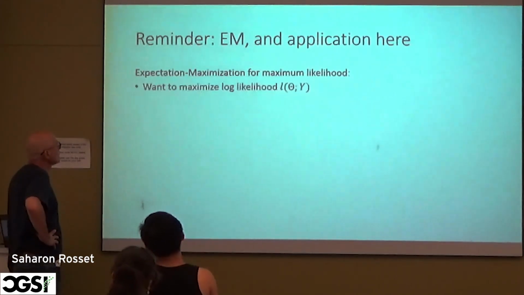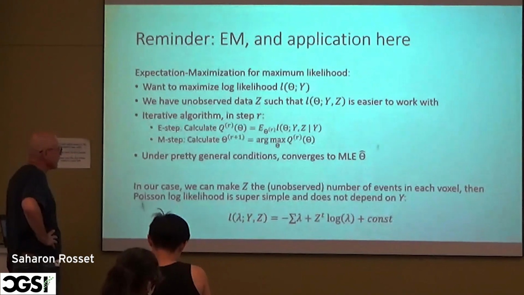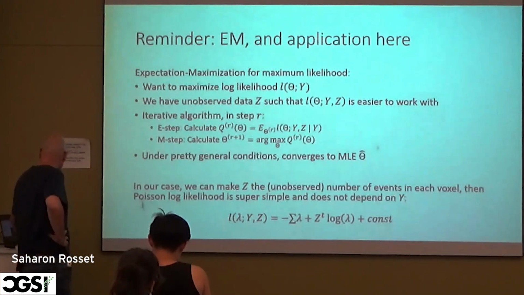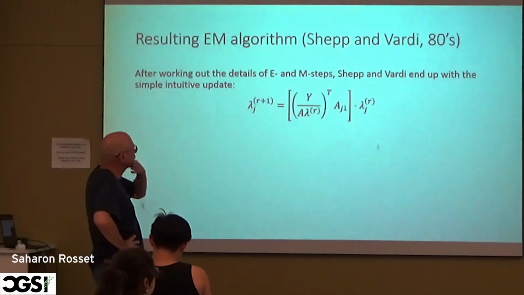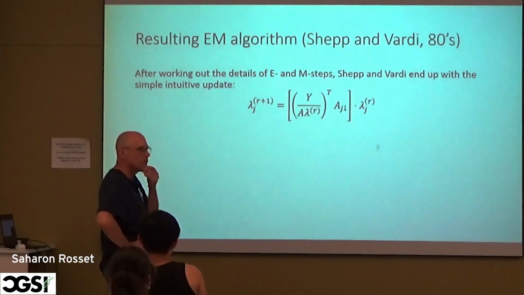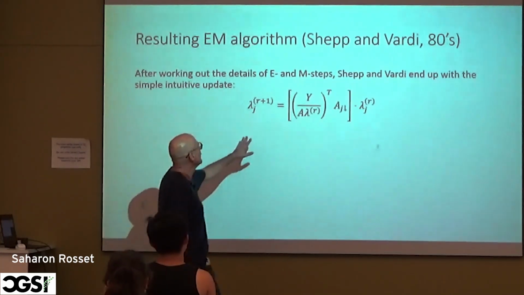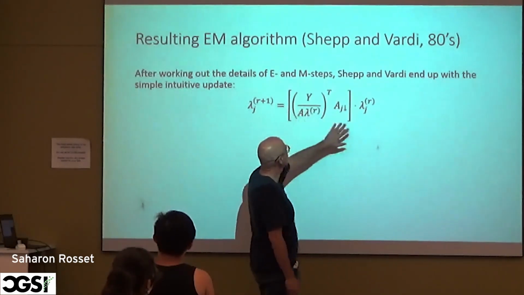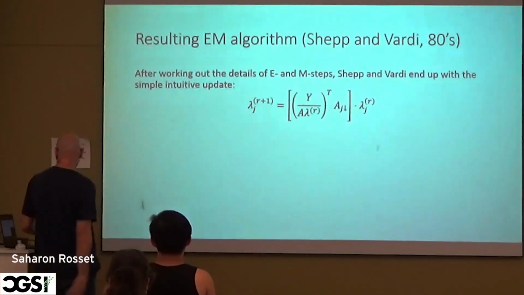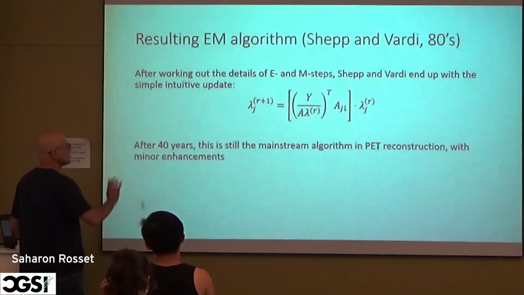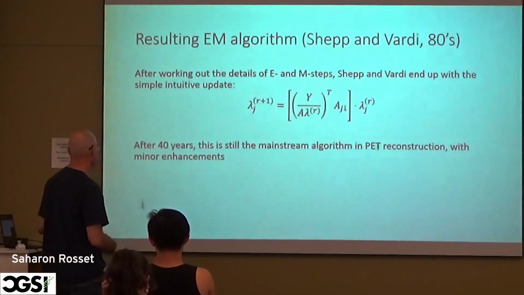And the cool thing I wanted to get to, so I'll skip the very important refresher on EM, is that a couple of statisticians 40 years ago invented a really cool method for fitting this that's based on applying EM to this problem. And the EM updates give a very intuitive formula when we look at them. So this is the total EM update after the E and the M step. And 40 years later, it's still what people are using with slight modifications.